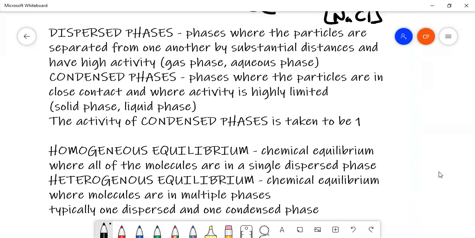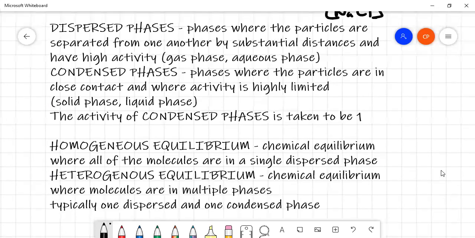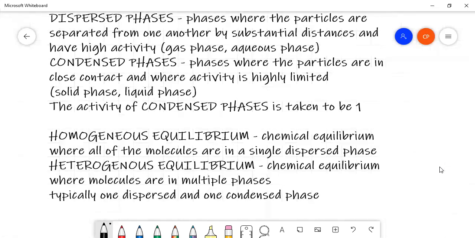The typical heterogeneous equilibrium is an equilibrium where molecules are in one dispersed phase and one condensed phase.